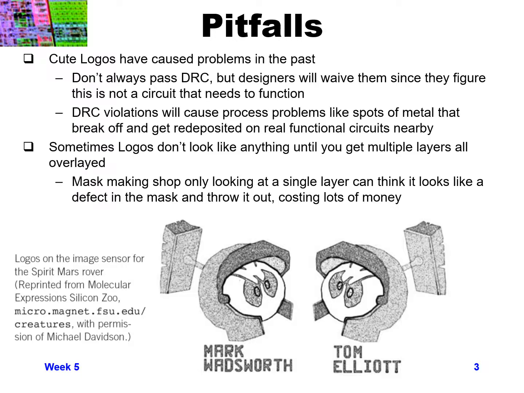If you violate a certain type of DRC rule, it might cause metal to break off in a chemical mechanical processing step or something like that. A big chunk of metal might break off from one spot and get redeposited into a different spot, and you don't really expect it to be there.